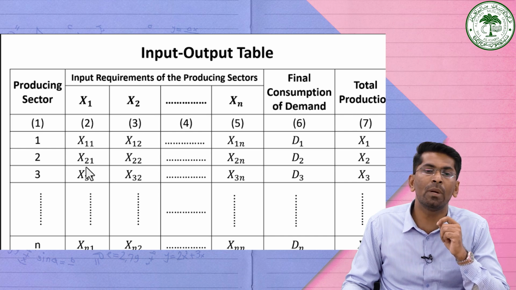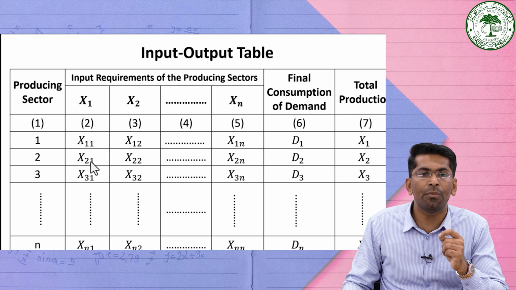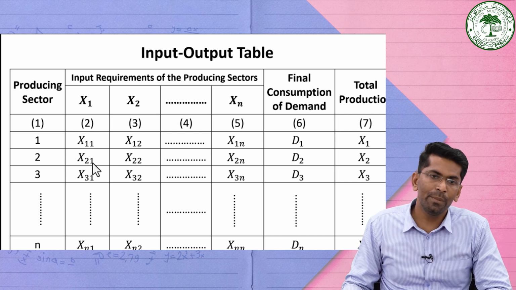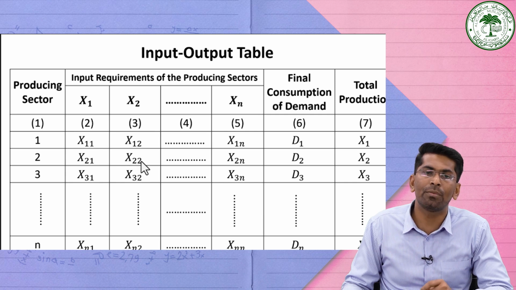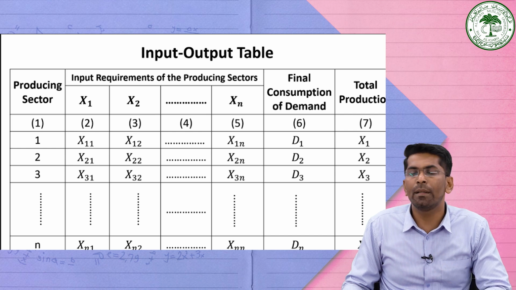For example, X21 is the output of the second industry used as an input for the first industry. Similarly, X22 shows the output of the second industry used as an input for itself, that is for the second industry, and up to n industries, and D2 shows the output of the second industry used for final consumption. So this is the row-wise interpretation.